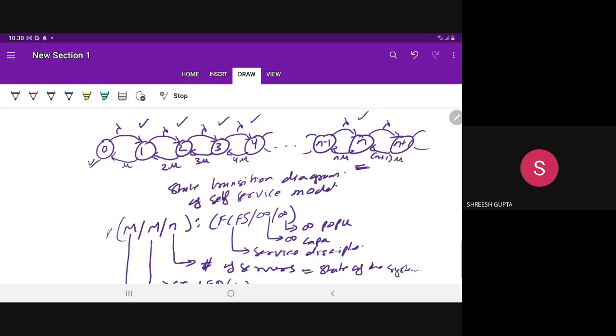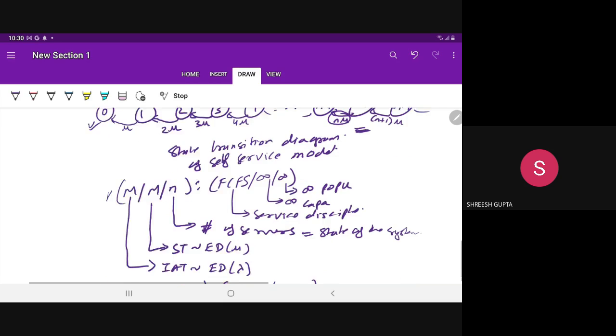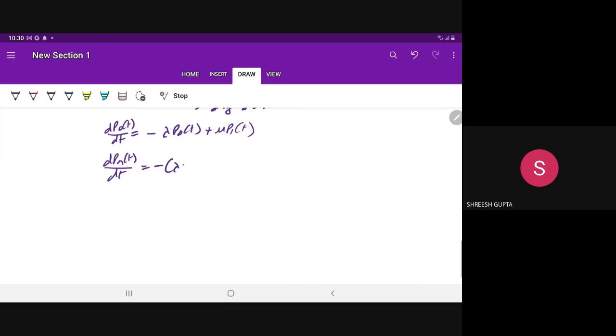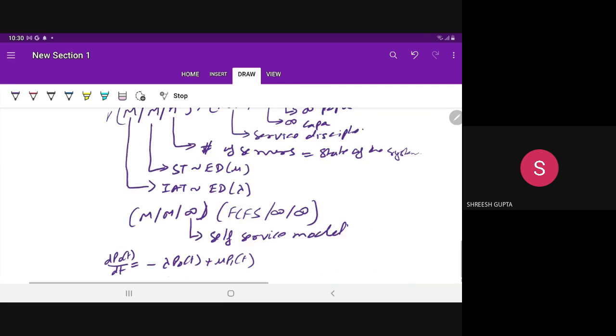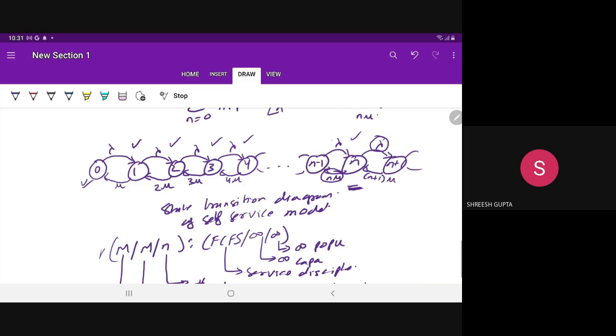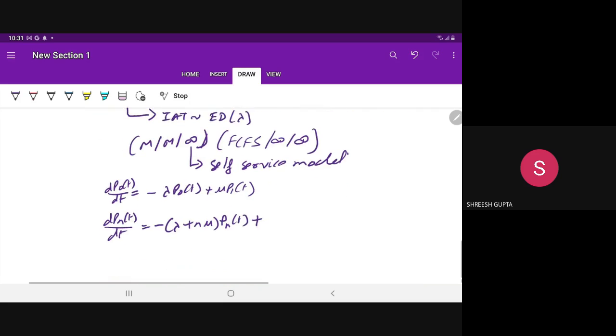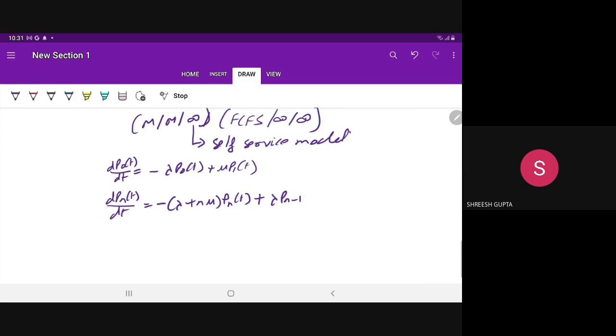For the nth node, the outgoing is lambda and n mu, so we write minus (lambda plus n mu) pn(t), plus the incoming: lambda from the n minus 1 node and (n plus 1) mu from the n plus 1th node, for n equal to 1, 2, 3, 4 and so on.